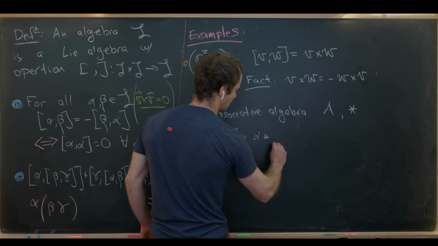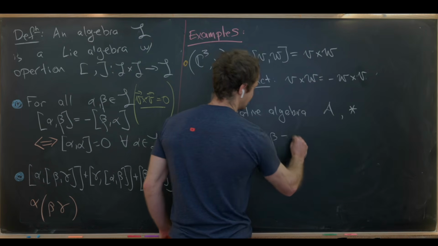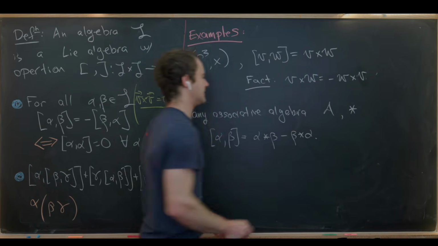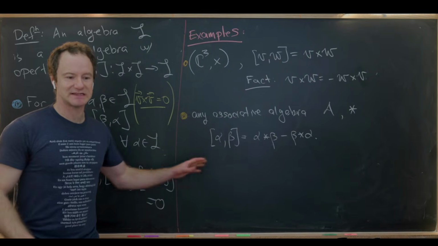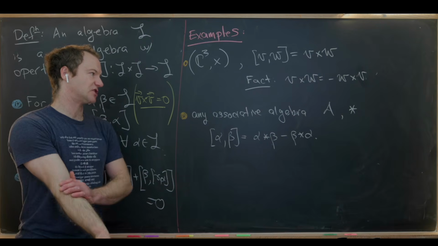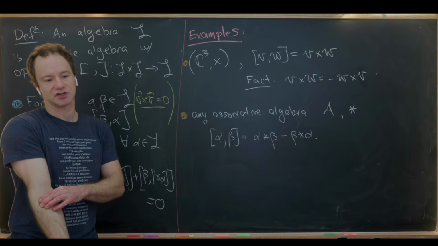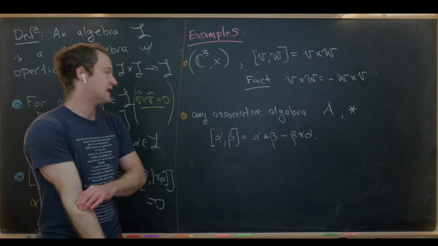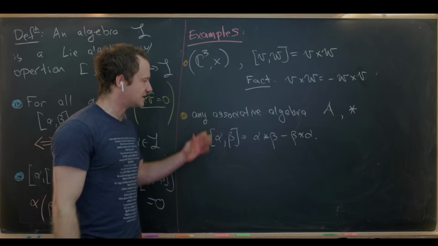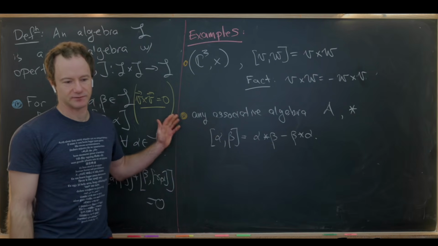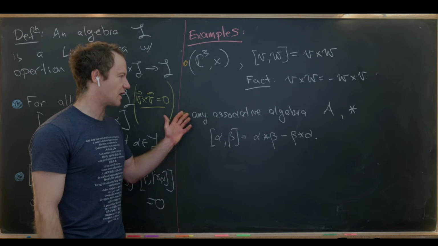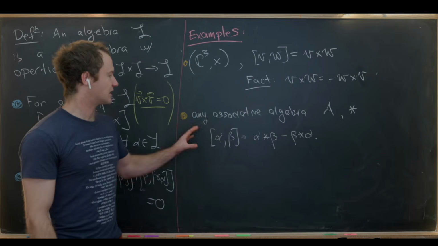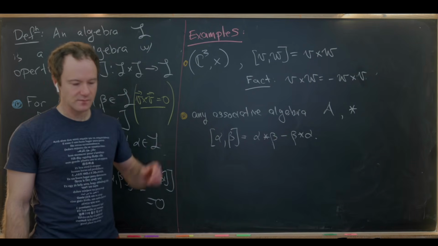So it does alpha star beta minus beta star alpha. That's an example. You can endow any associative algebra with the structure of a Lie algebra like this. I think that's good enough to say about that.